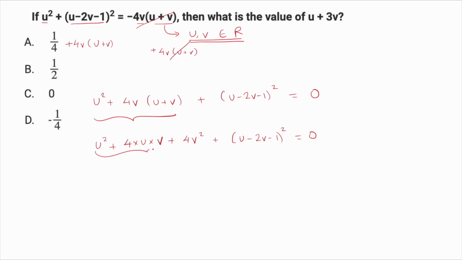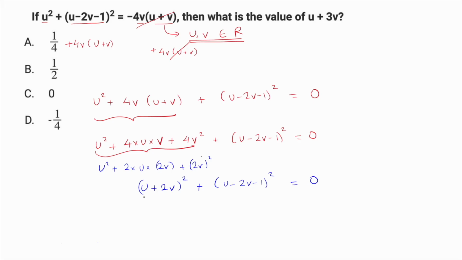Now this first part is actually u square plus 2 into u into 2v plus 2v the whole square, right? This exactly resembles a square plus 2ab plus b square, and that's the expansion of a plus b the whole square. So this entire expression is nothing but u plus 2v the whole square plus the second part, u minus 2v minus 1 the whole square, and this is equal to 0.